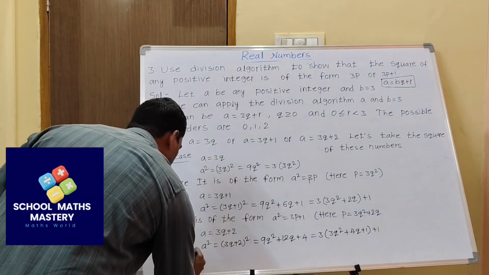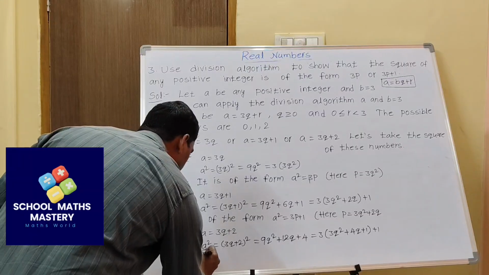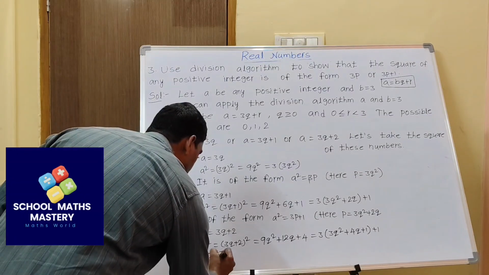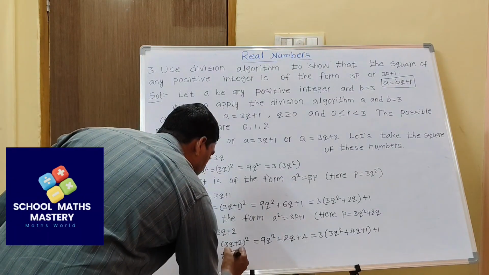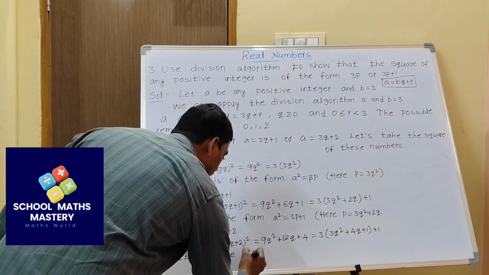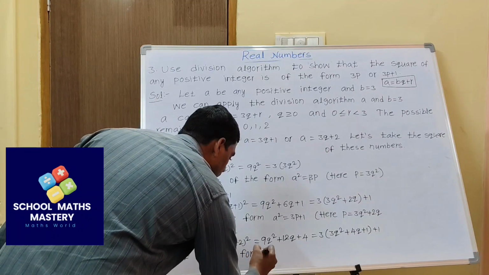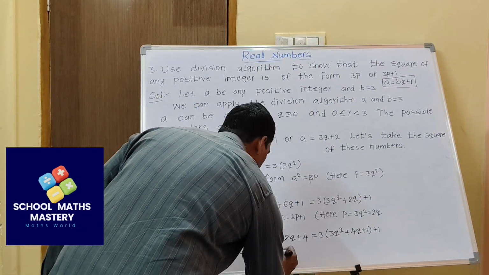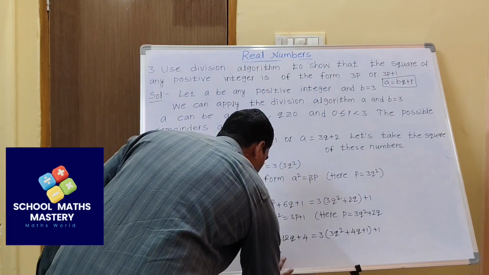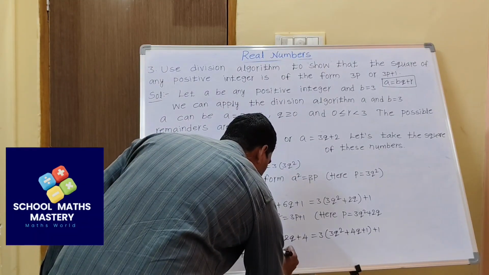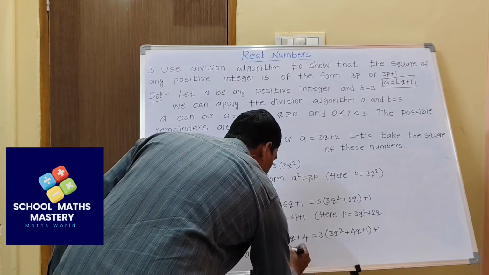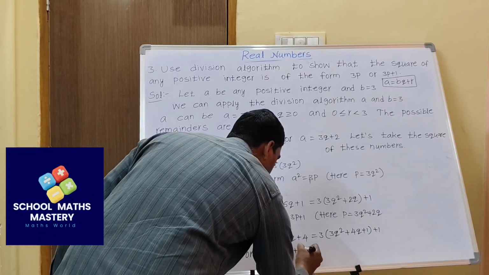It is of the form a square equals 3p plus 1.